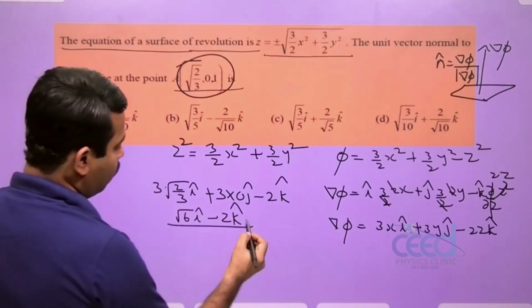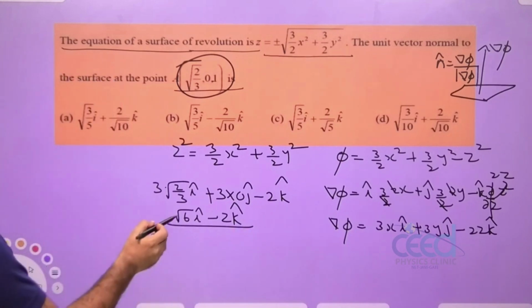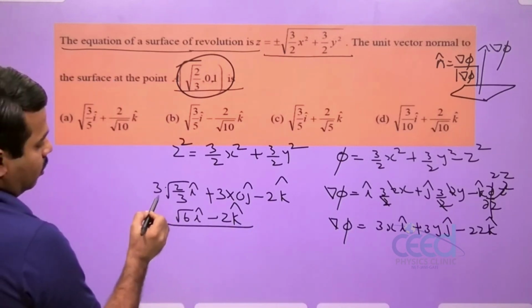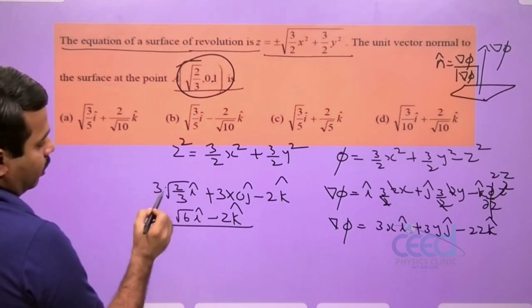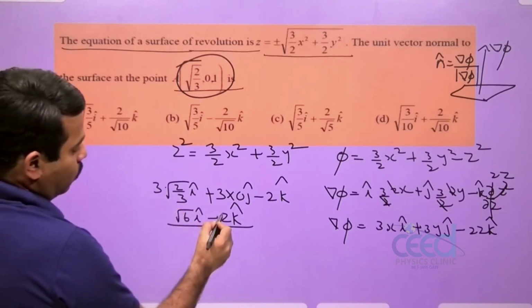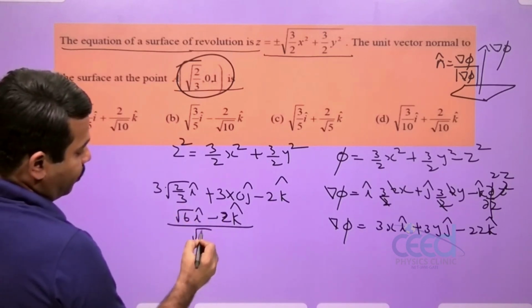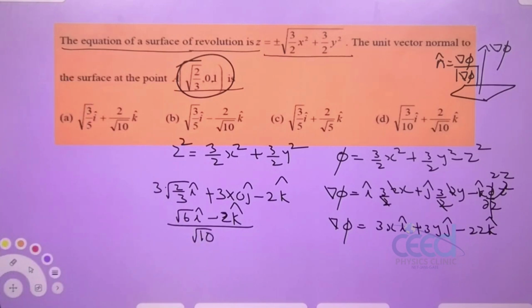So dividing by modulus, root 6 square is what? Right, root 6 square is 6, plus 4, so that is root 10, alright.